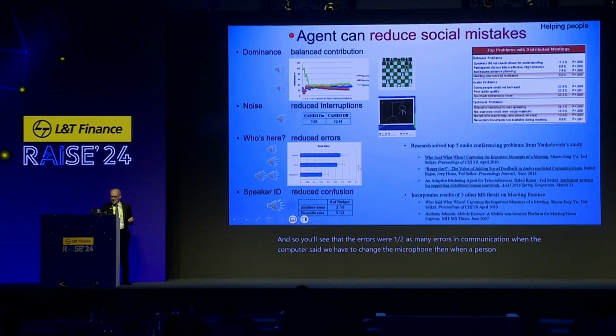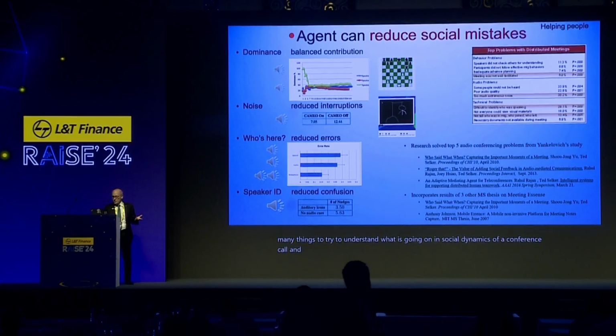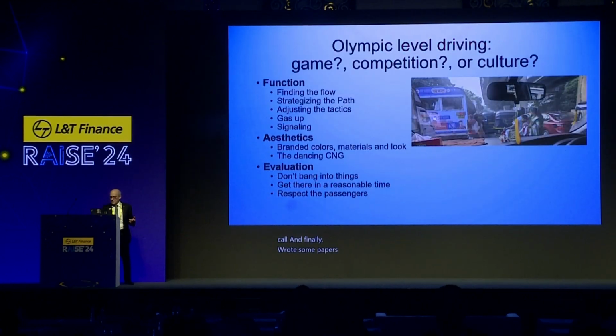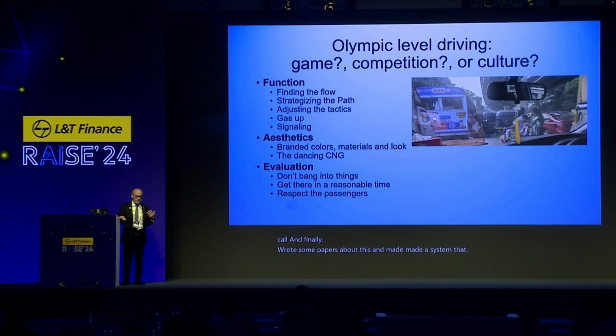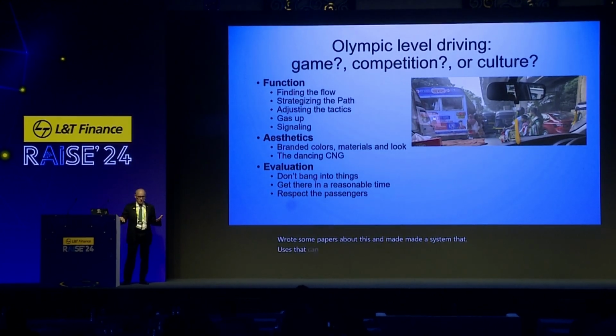So I did many things to try to understand what is going on in social dynamics of a conference call, and finally wrote some papers about this, and made a system that can reduce people's difficulties in communicating.